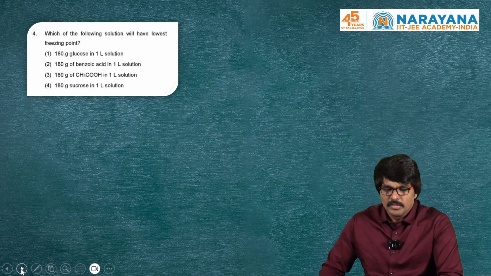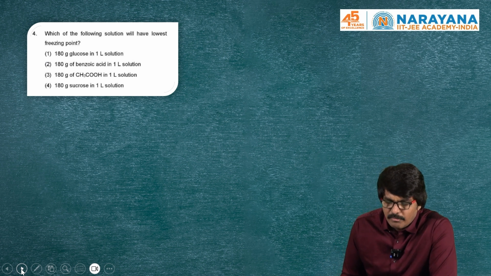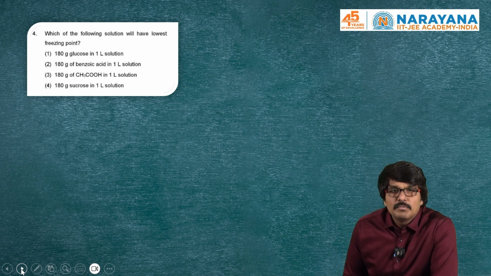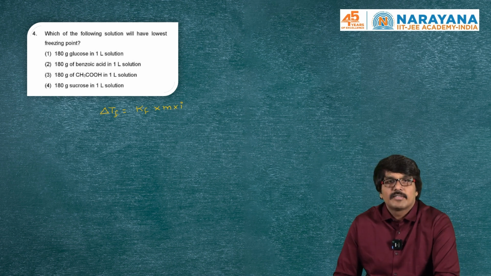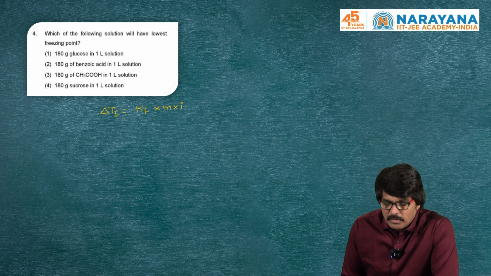And the next one: which of the following solutions will have the lowest freezing point? Here, depression in freezing point, delta Tf, is equal to Kf into m into i, where i is the van 't Hoff factor. The question is about the lowest freezing point.